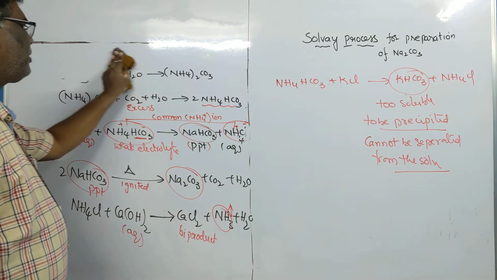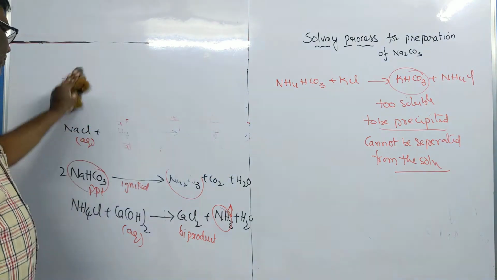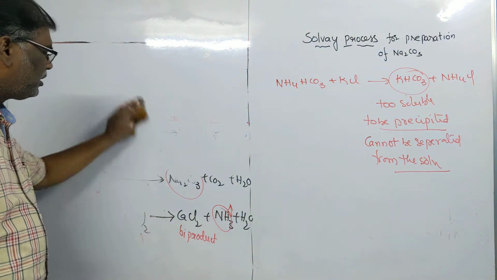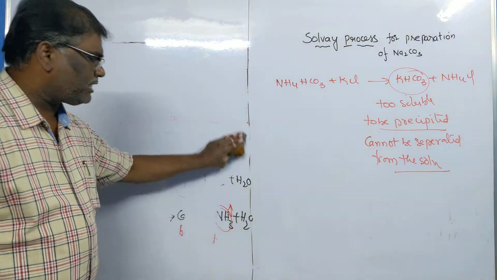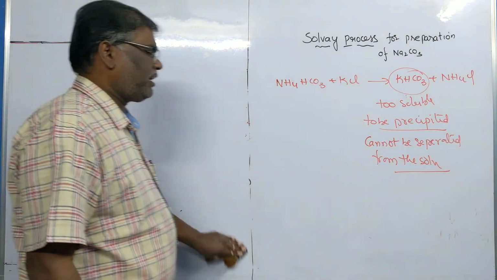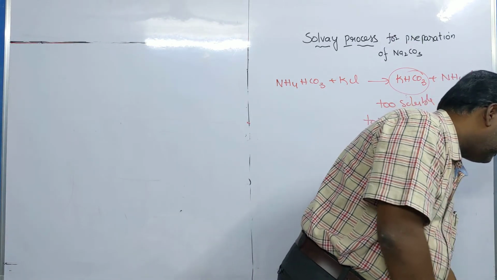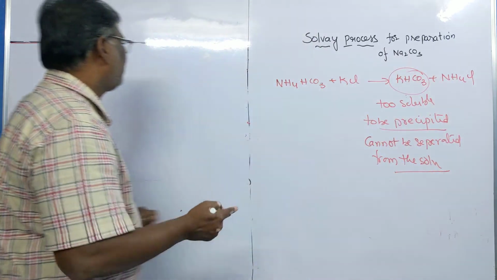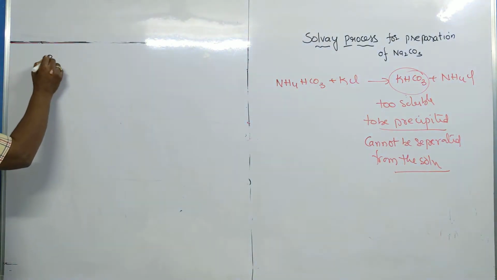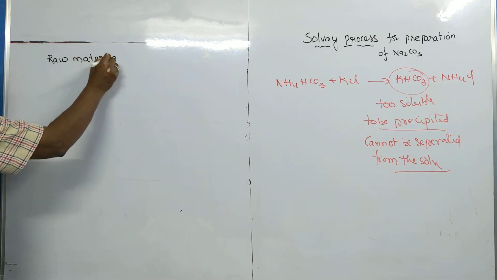Now the important questions based on this process. The first question is, what are the raw materials used in this method? What are the starting materials?